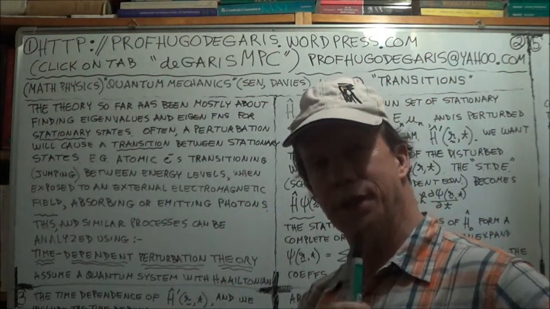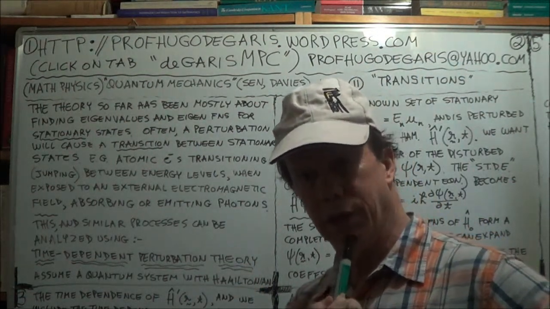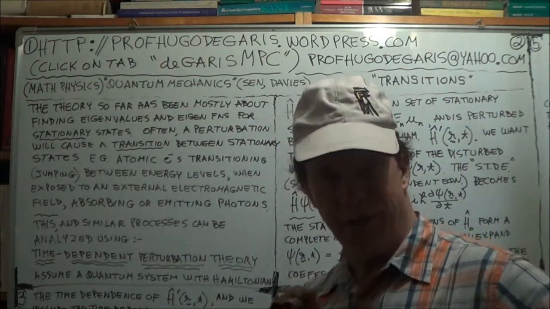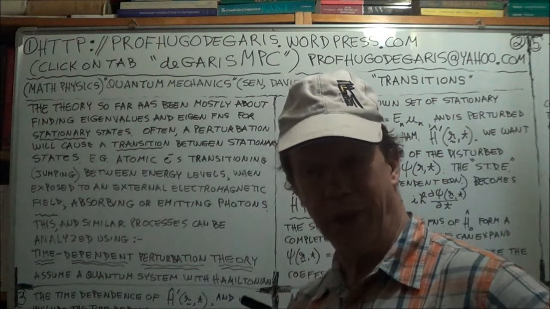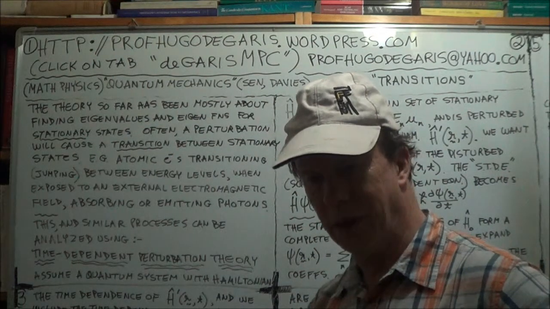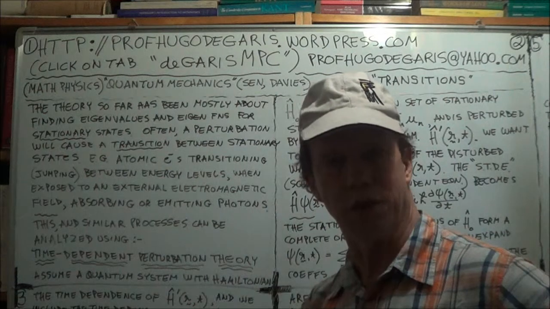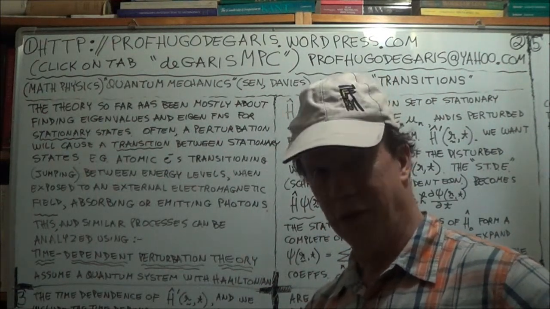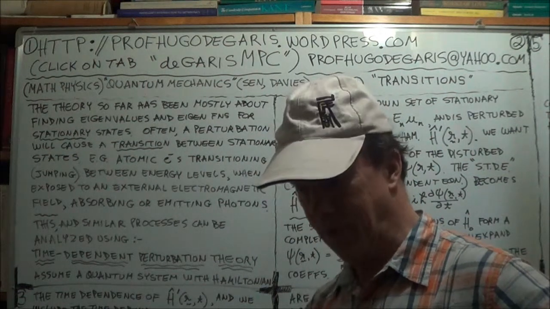For the next few sessions, we will be dealing with the Schrödinger time-dependent equation, with a D instead of the E. I'm calling that the STDE, and for short I just call it the STEED. The Schrödinger time-dependent equation.